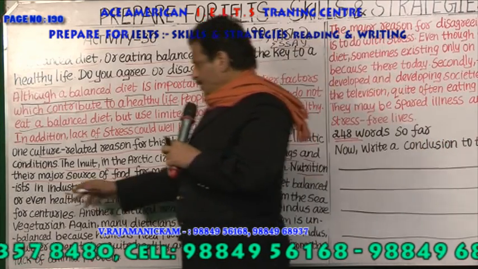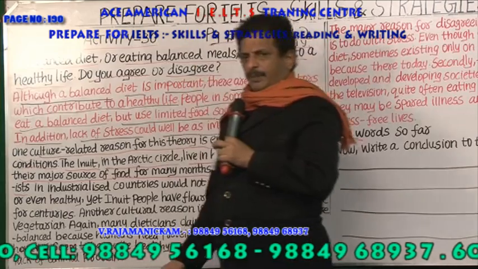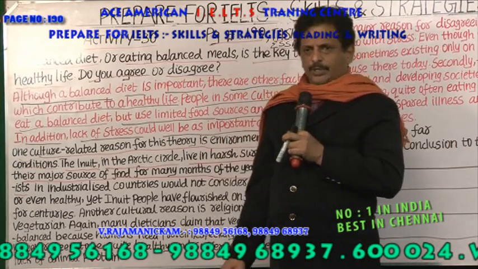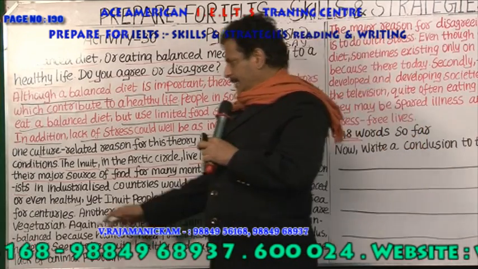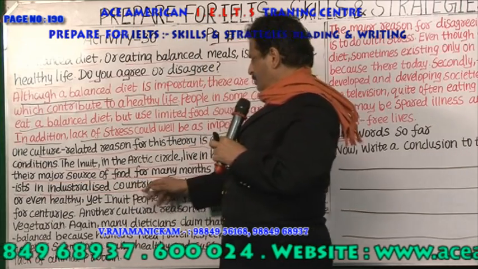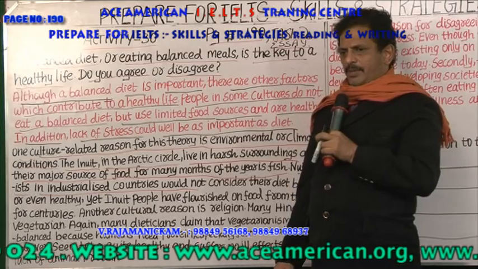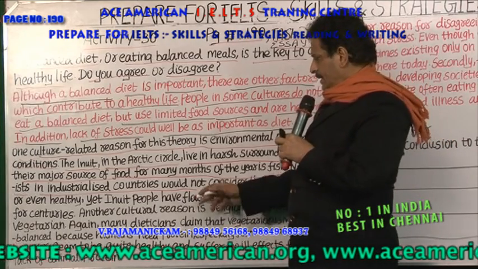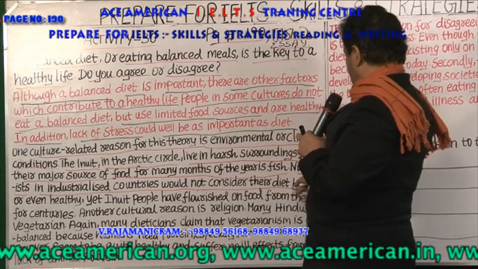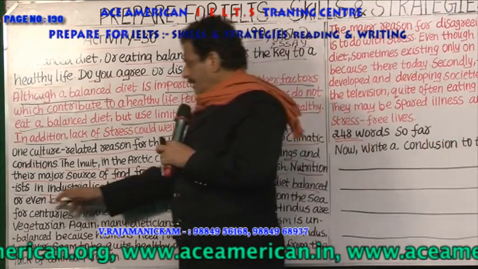Nutritionists. Who are the nutritionists? The people who recommend what you should eat to have a healthy body, a diet. Okay. In industrialized countries, you can say France, Germany or America or Japan, nutritionists wouldn't consider their diet balanced or even healthy.